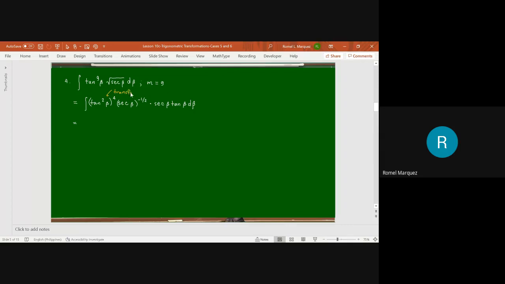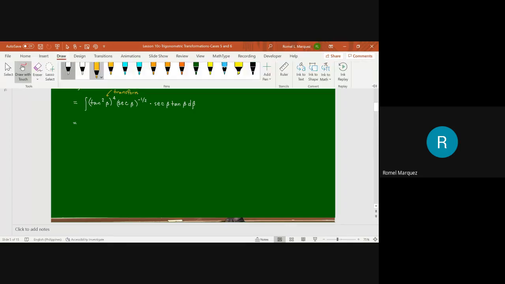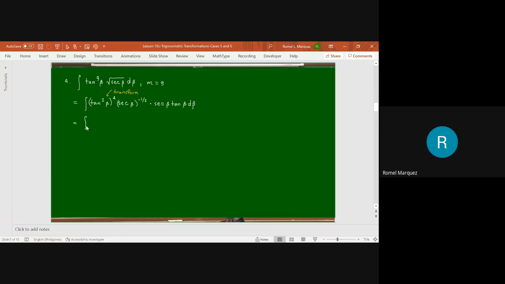Transform that into, guys, so what's the transformation? Secant squared beta minus 1 raised to 4 and multiplied by secant beta raised to negative 1/2 times secant beta tangent beta d beta.